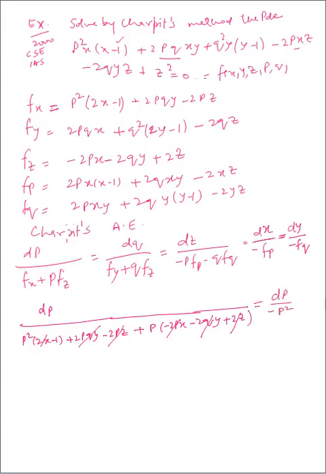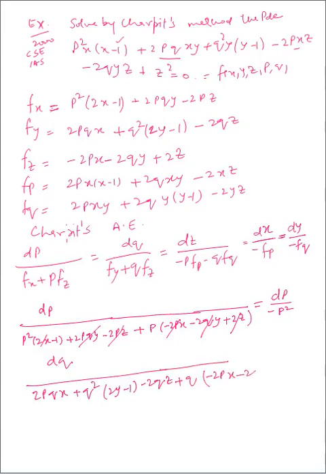Now we find dq upon fy: 2pqx plus q square (2y minus 1) minus 2qz plus q into fz, minus 2pqx minus 2q square y plus 2qz.